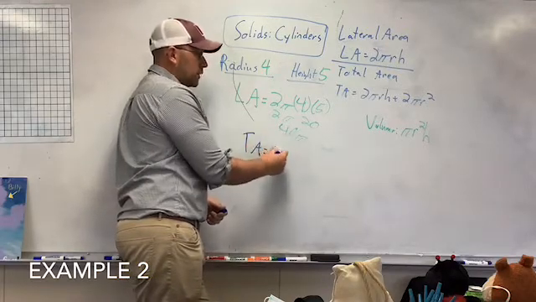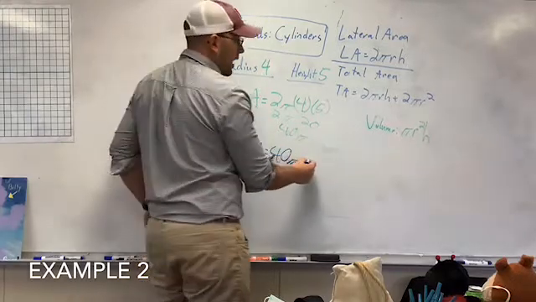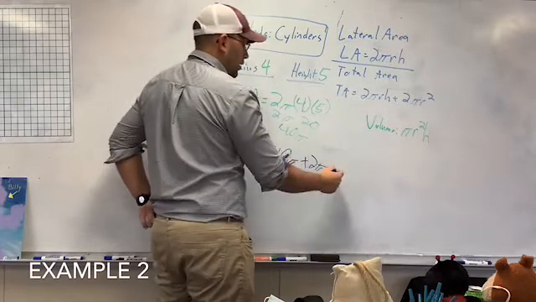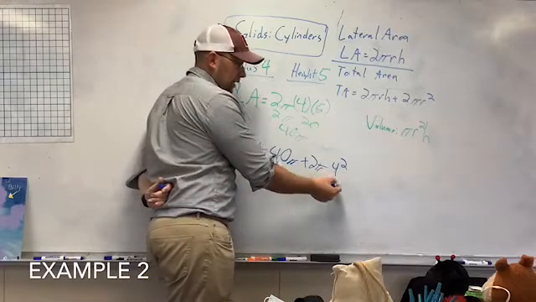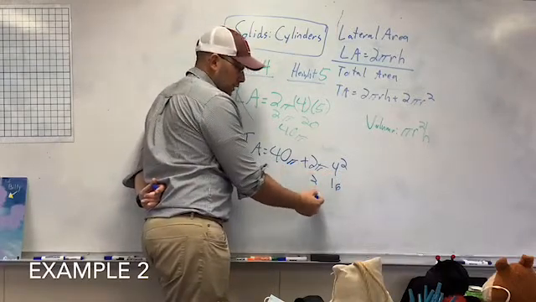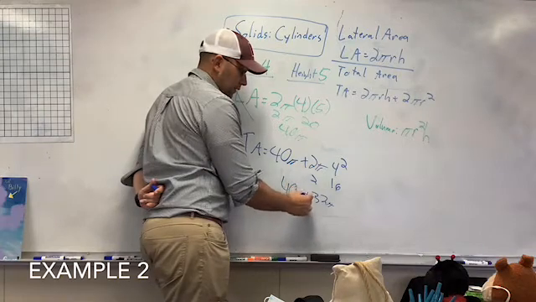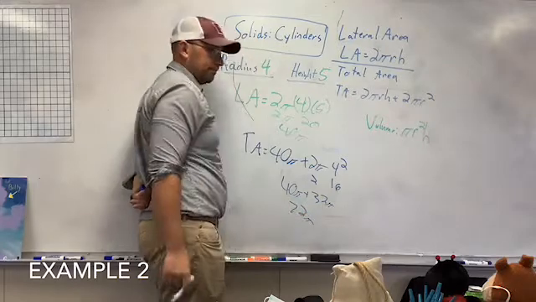So I take my 40 pi and I add to it 2 pi r squared, which is 16 times 2, so that's 32 pi, plus 40 pi, which gives you 72 pi.